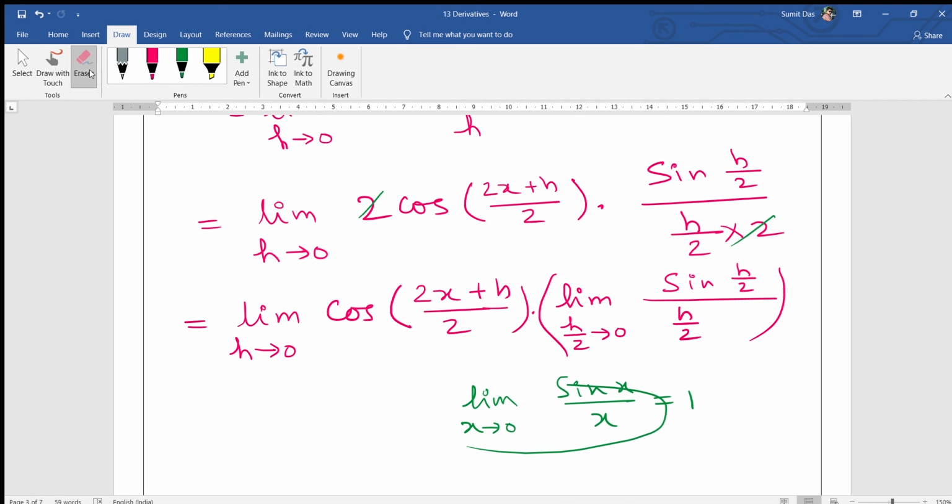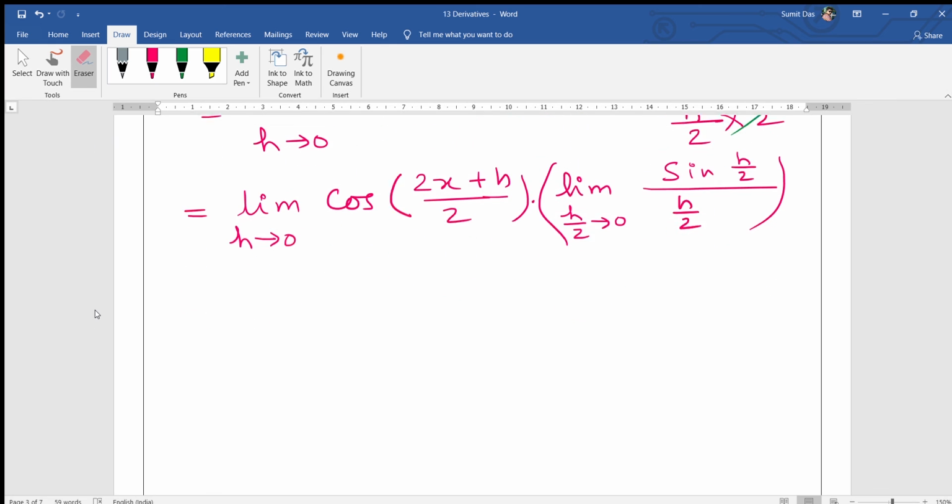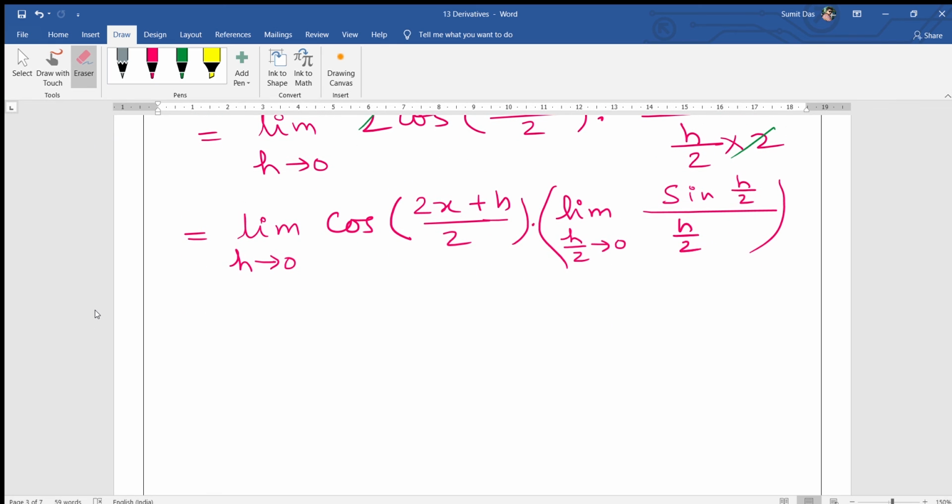So look, this formula will give you 1, right? And look, h tends to 0, so h by 2 also will tend to 0. Okay, I hope there is no confusion in this. And this thing we have to practice and practice more, otherwise you can't do this one.